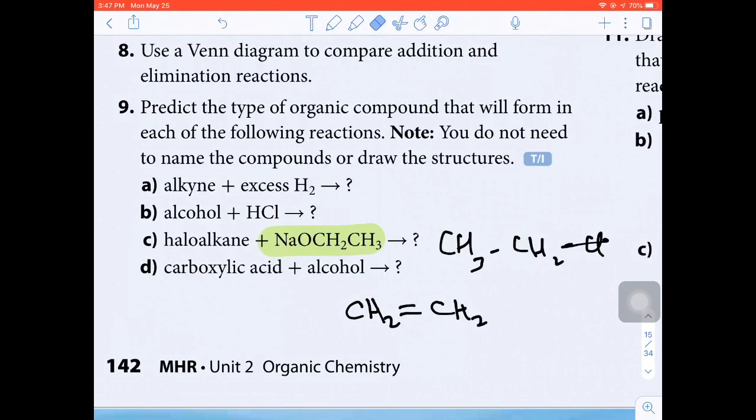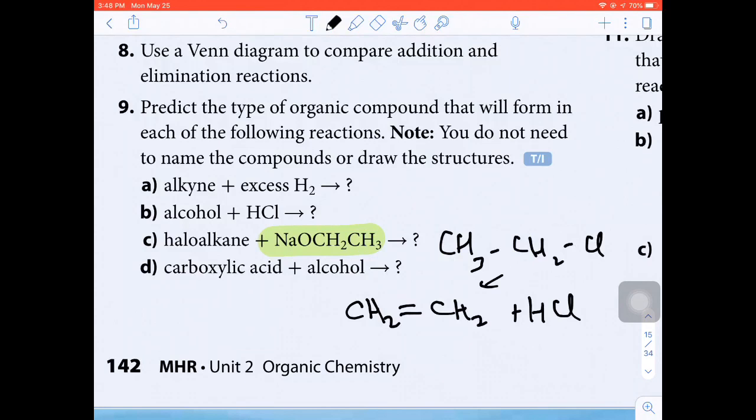Let's put my chlorine back in there. So I'm going from there down to here, and I'm releasing really the hydrogen and the chlorine. It's more sophisticated than that, but for all intents and purposes, that's all we need to be thinking about.